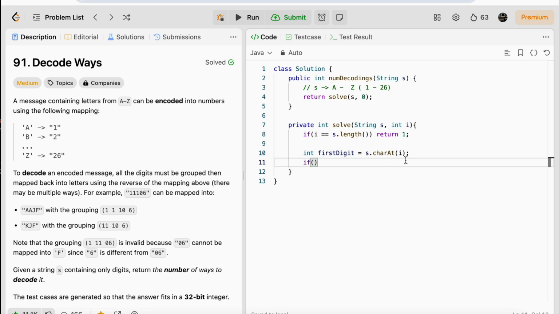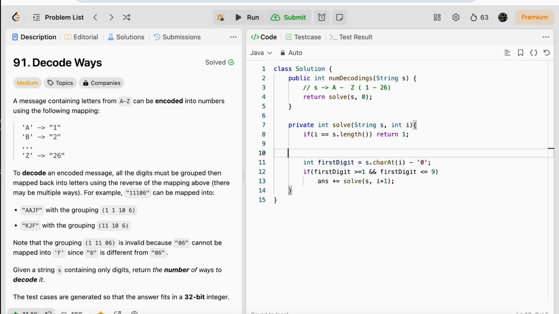If the first digit is greater than or equal to 1 and less than or equal to 9, I'm going to capture the ways to solve this problem from i plus 1 to the length of the string. So answer plus equals solve(s, i + 1), and take a variable to store our answer. Ultimately we have to return answer.